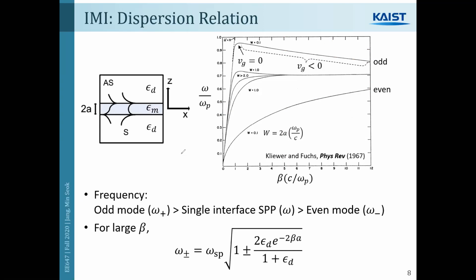Another interesting point is that the odd mode can have negative group velocity. You can see here the slope of the dispersion of the odd mode is negative, which means the odd mode has negative group velocity. By using this property, you can basically create a negative refractive index metamaterial, which I will explain later in the metamaterial lecture.